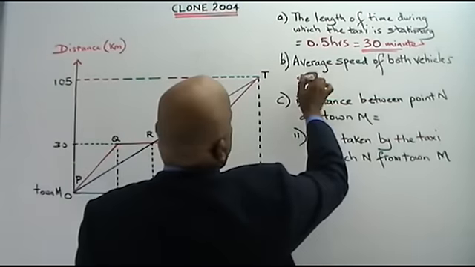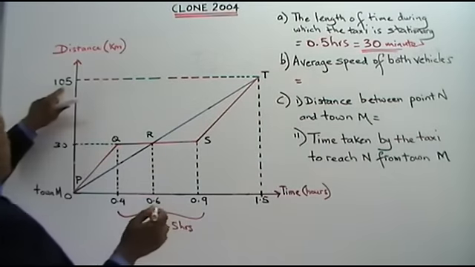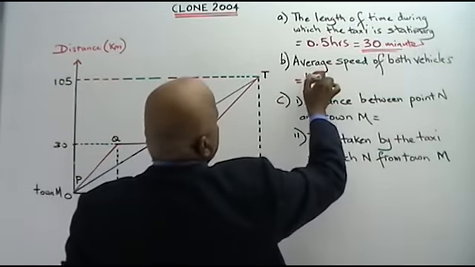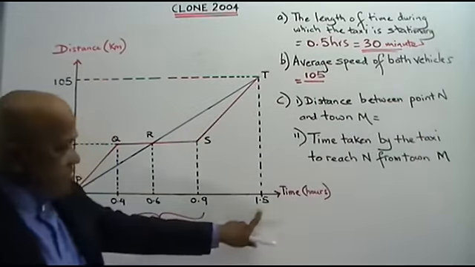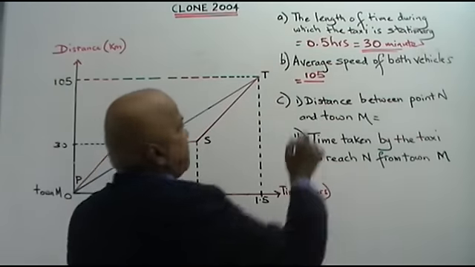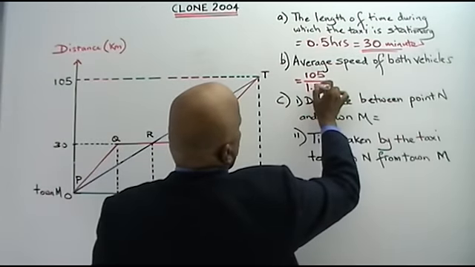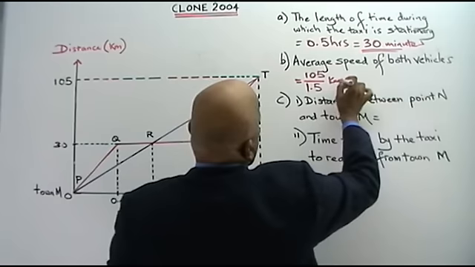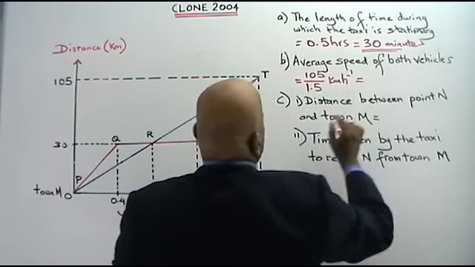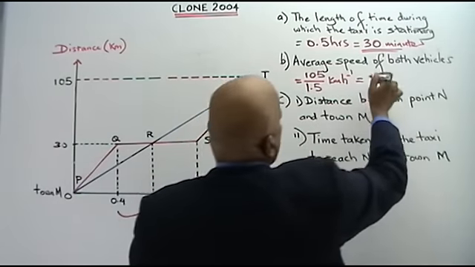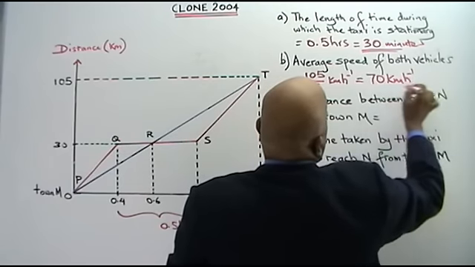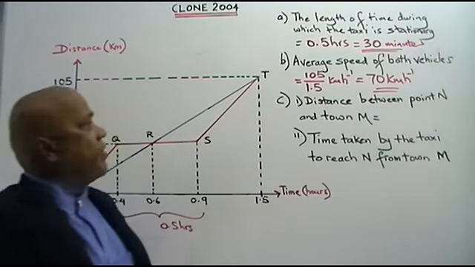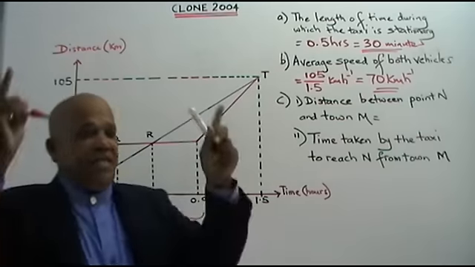Now total distance traveled is 105 kilometers and the time taken is 1.5 hours. So you get kilometers per hour. When you cancel, you get 70 kilometers per hour. This is your answer for part B.